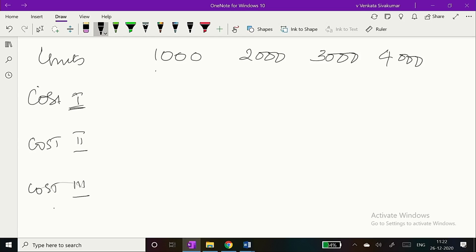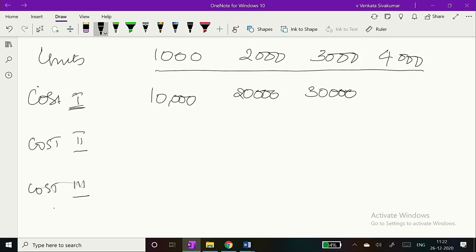So let me give you a data of cost. Cost 2. Cost 3.